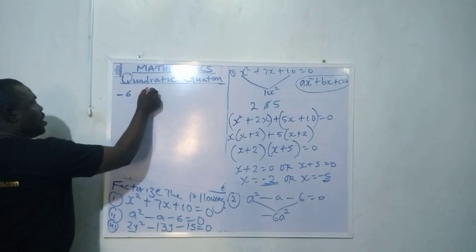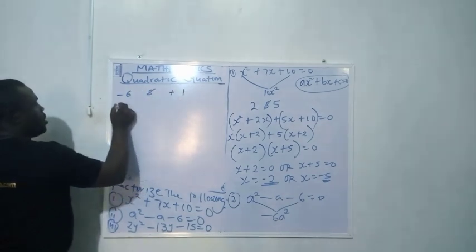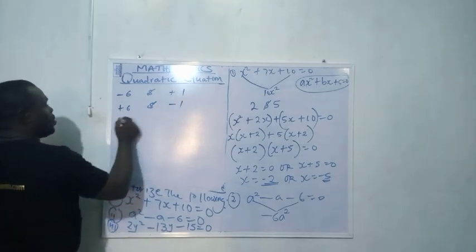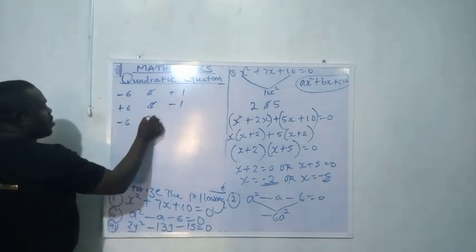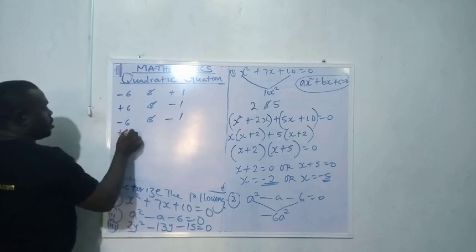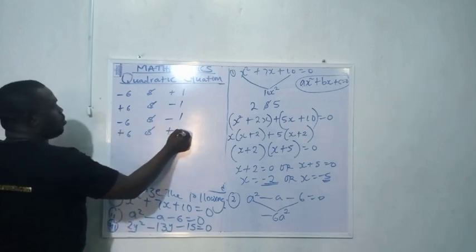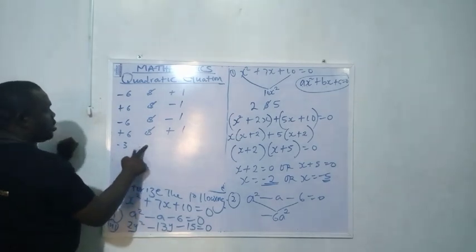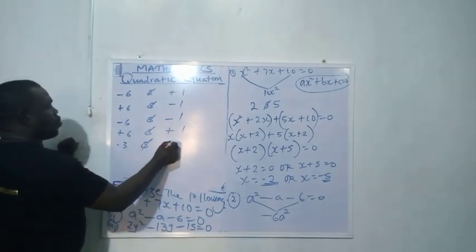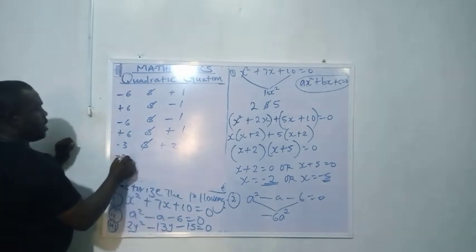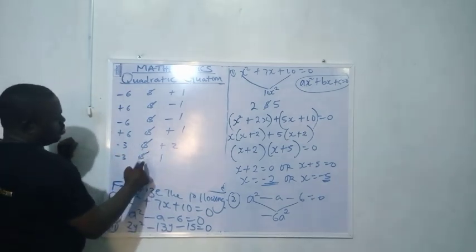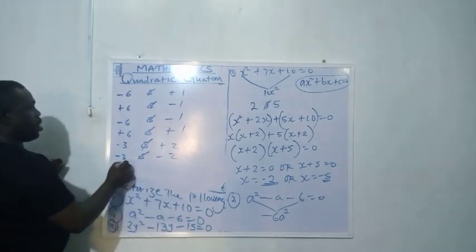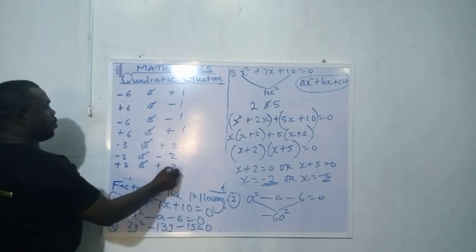So we have minus 6 and plus 1, plus 6 and minus 1, minus 6 and minus 1, plus 6 and plus 1, minus 3 and plus 2, minus 3 and minus 2, then plus 3 and plus 2.